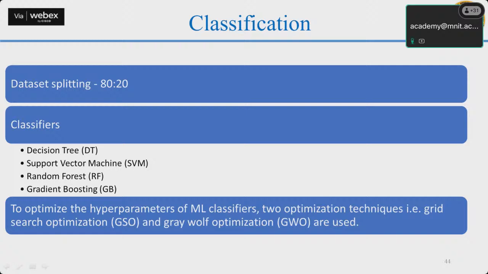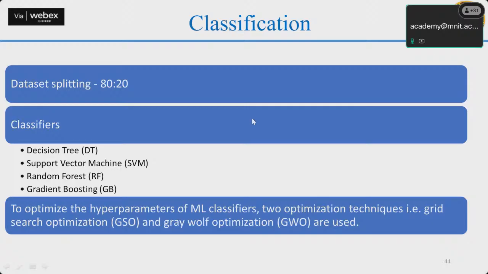So we can use either of the classifiers here, whether it is decision tree, support vector, random forest, or gradient boosting.